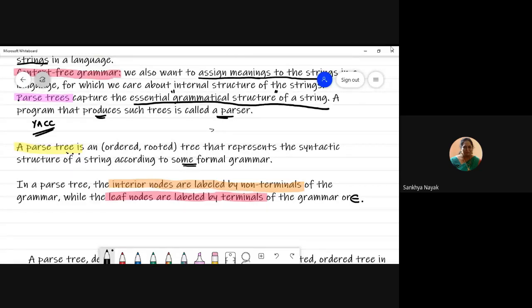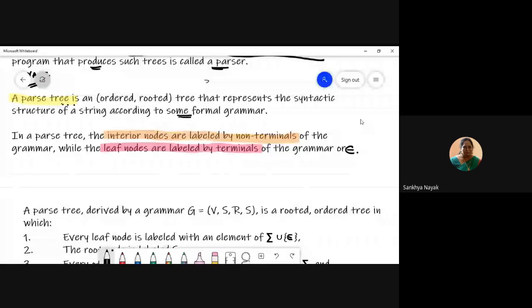In a parse tree, every tree has internal nodes and leaf nodes. Internal nodes are labeled by non-terminals, capital letters, and leaf nodes are labeled by terminals and also sometimes an epsilon.